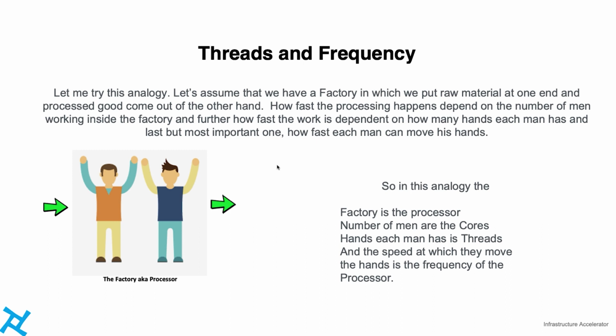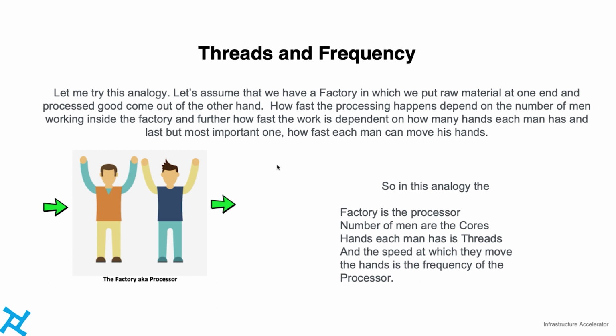Let's assume that we have a factory in which we put raw material in at one end and the processed goods come out of the other end. How fast the processing happens depends on the number of men working inside this factory. Further, how fast the work is done depends on how many hands each man has.